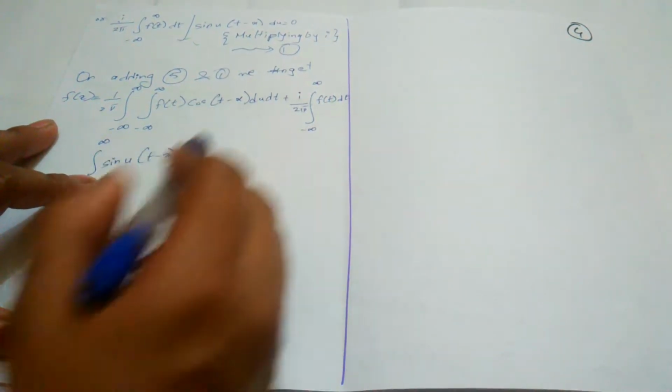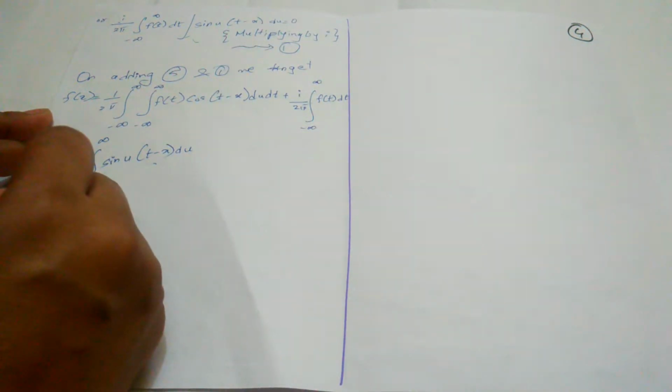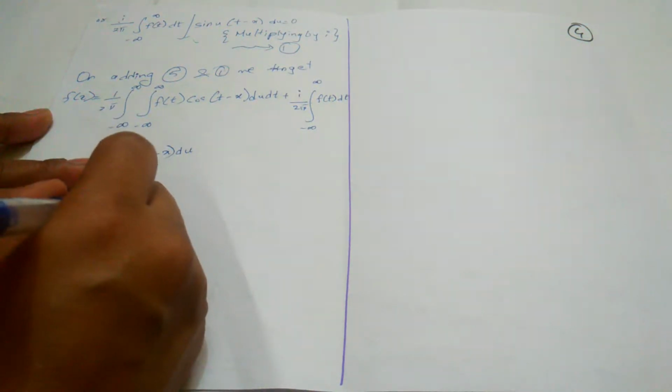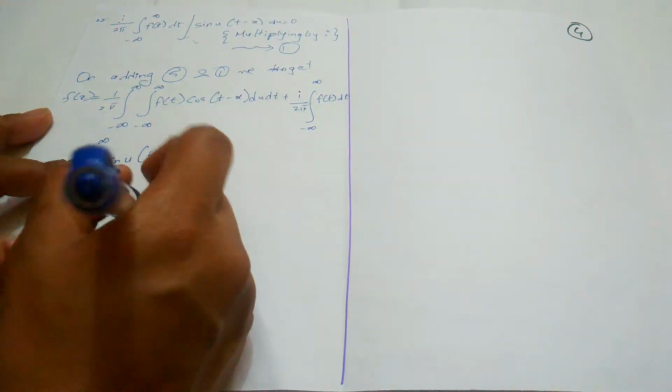What I'll do, I'll take this term and this term together. So what I will get is 1 upon 2 pi integral minus infinity to infinity f of t. Both the terms have dt, so I will take out the dt also.